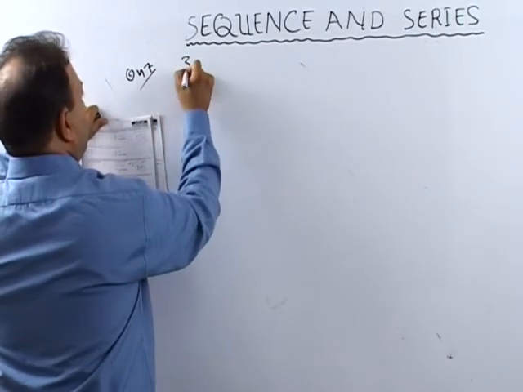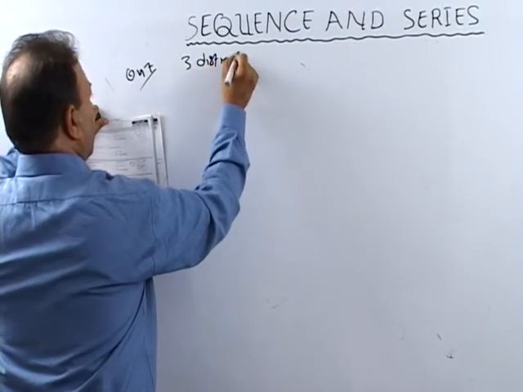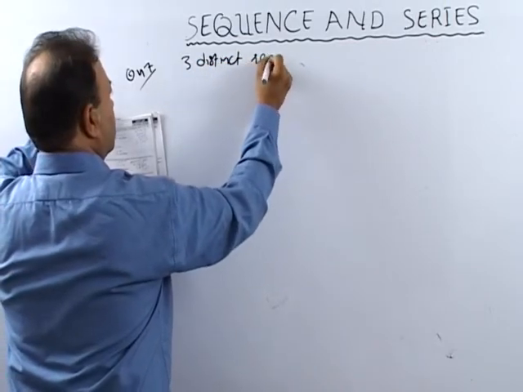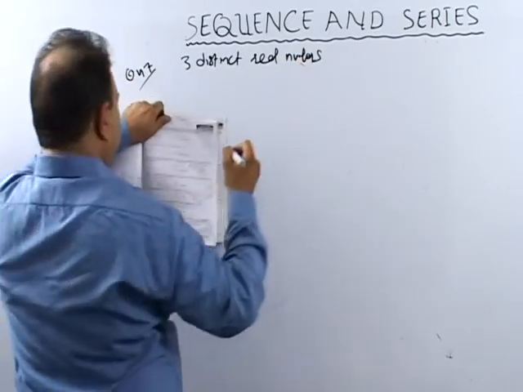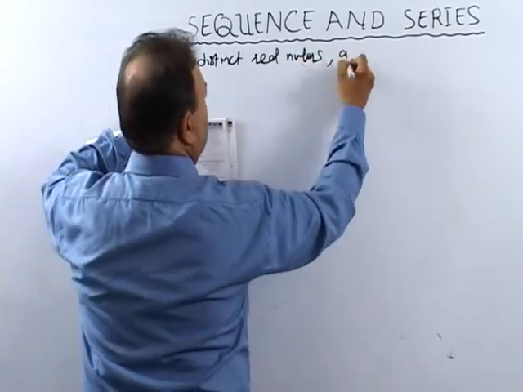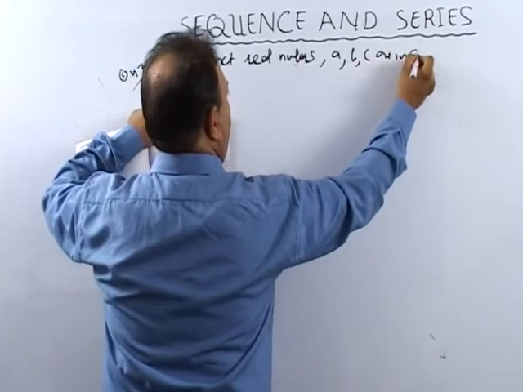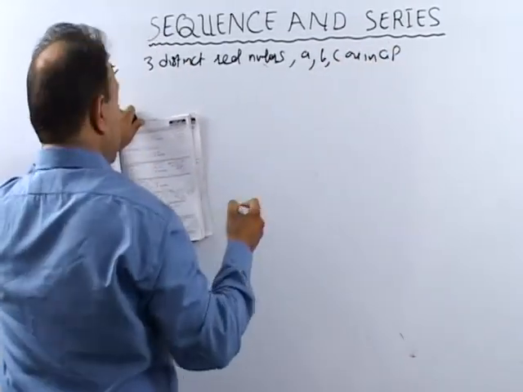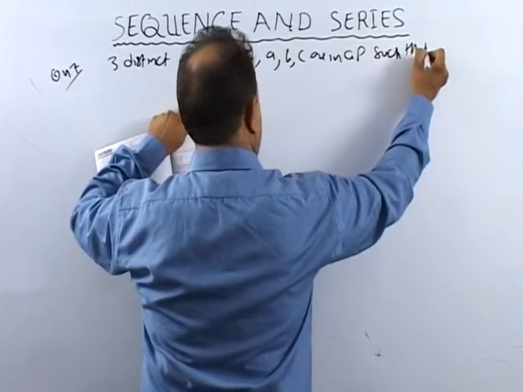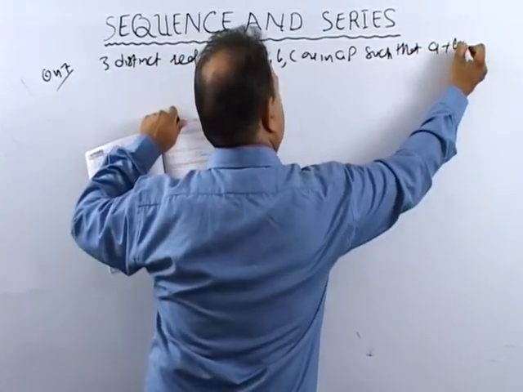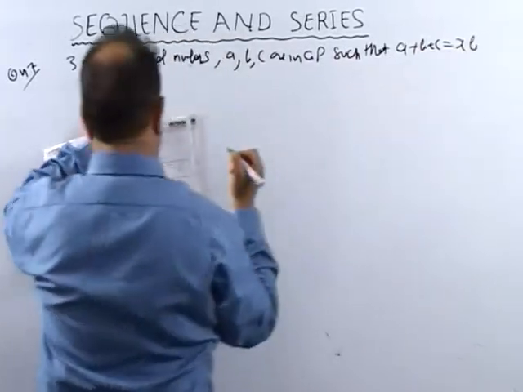Three distinct real numbers A, B, C are in GP such that A plus B plus C is equal to XB.